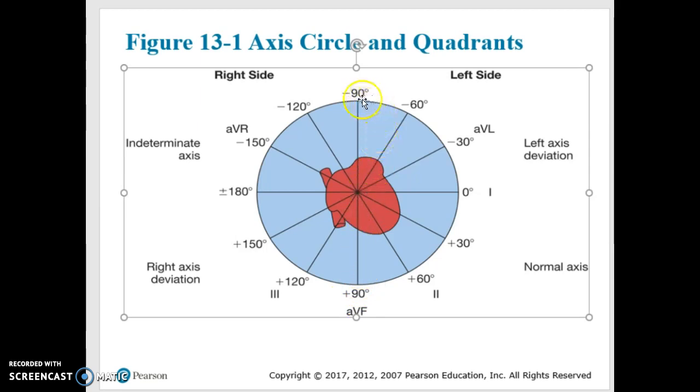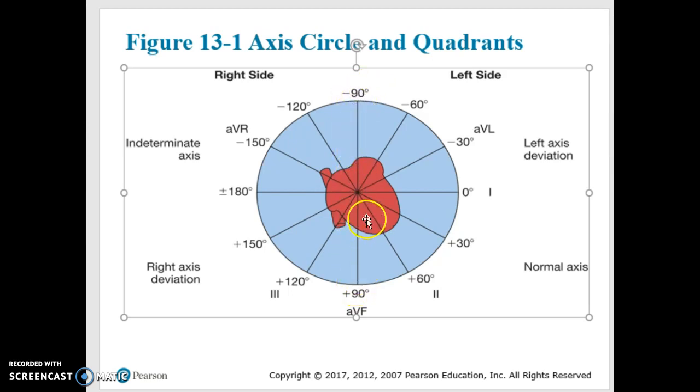So when I'm looking at the AVF and I'm using this diagram, I start on the outside of the AVF. If I start from the bottom and move upward, that represents positive. If I start from the top and move downward, that represents negative.